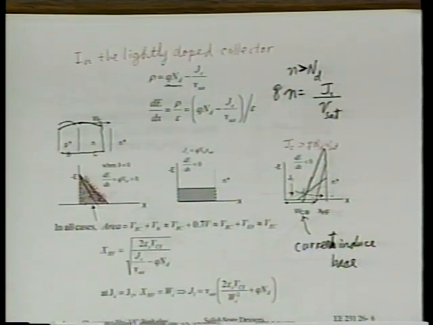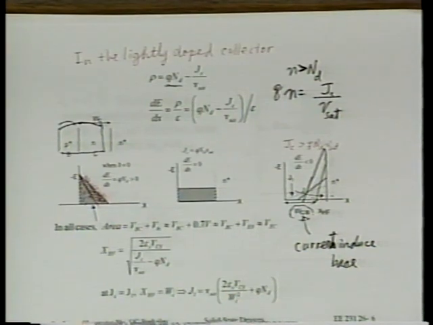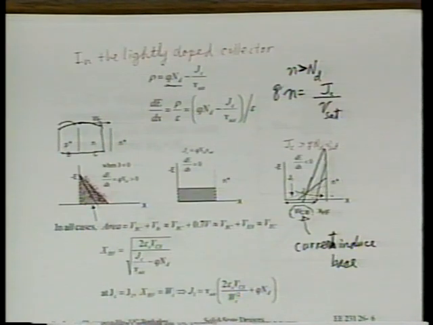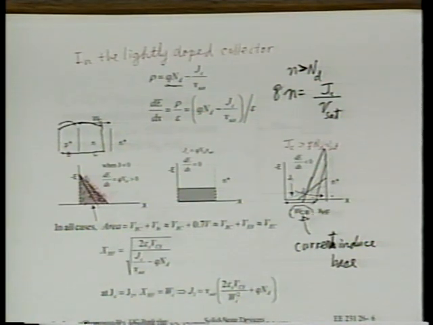The equation is we eventually want to find out expression for this WCIB. We find out WCIB as function of JC, as function of the collector current density. We already see qualitatively now, the larger the current density, the steeper the slope, and therefore the larger WCIB. You see that?